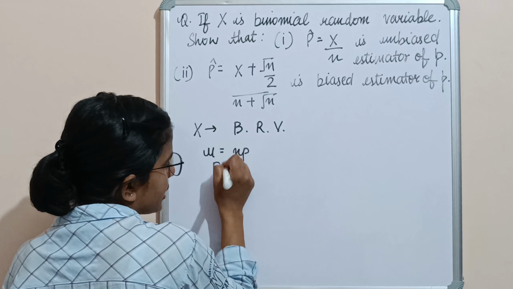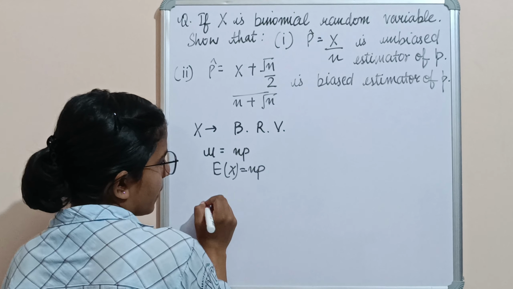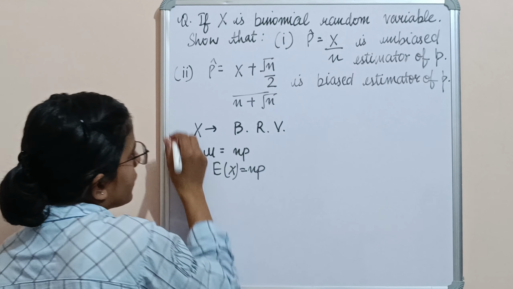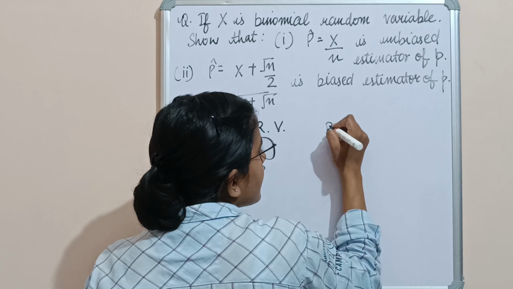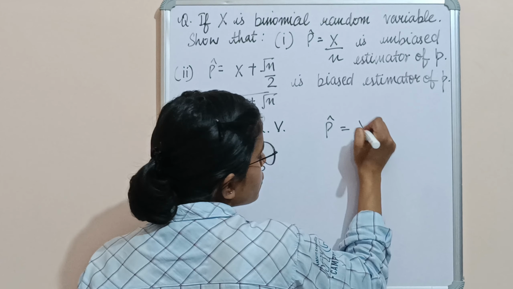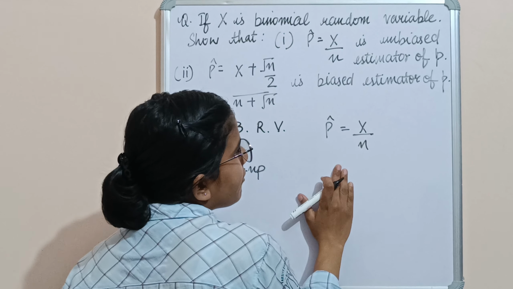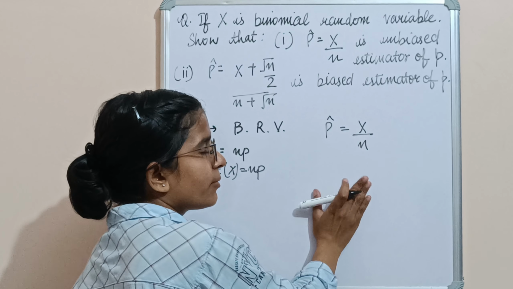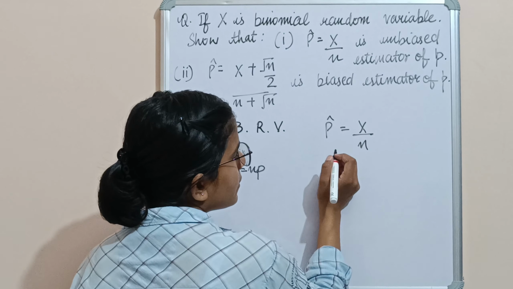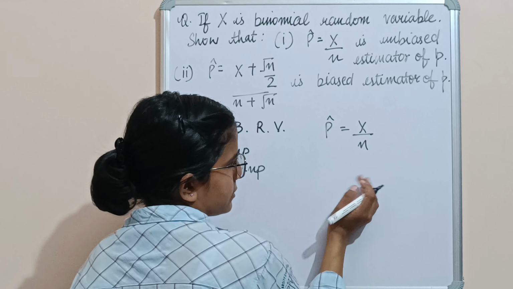That means expectation of X equals np. Now, p cap equals X by n. And we have to prove that this is an unbiased estimator of p, where p is the probability of success.